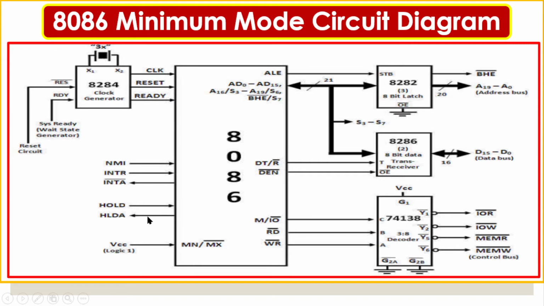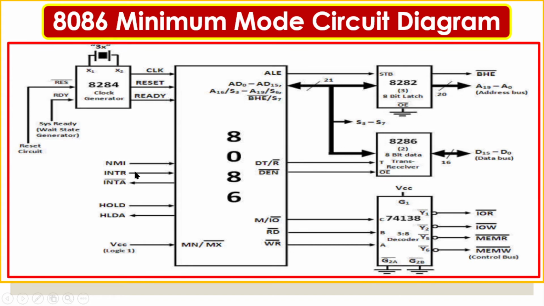Then we have the minimum mode signals, HOLD and HOLD acknowledge. These two are used for direct memory access. Whenever an IO device wants to access memory, we implement the direct memory access concept, and that time these HOLD and HOLD acknowledge signals will be used. Then these three are interrupt signals. We have NMI, non-maskable interrupt, and INTR, interrupt request.